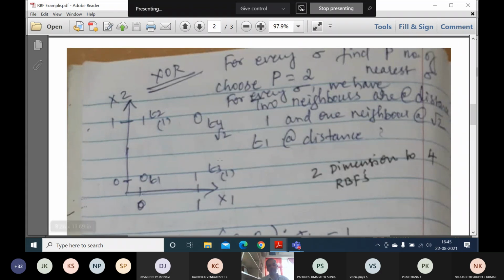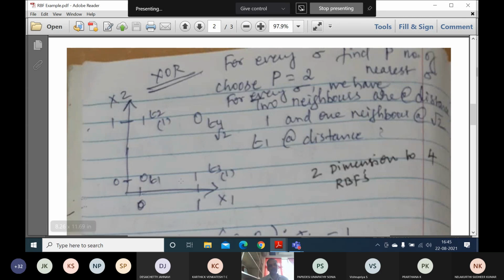If I take T1, T3 will be at a distance of 1 and T2 will be at a distance of 1. If you take T4, it is more than 1. It is the square root of 2, which is 1.414.